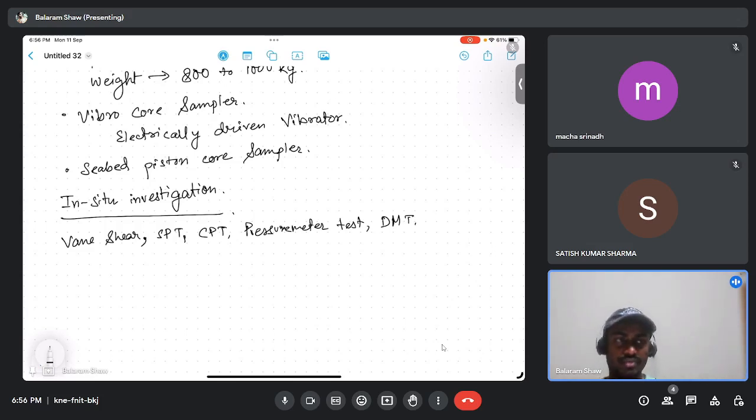The vane shear test is very useful for very soft soils. In the vane shear test, the vane is pushed into the seabed, the torque is applied, and the corresponding rotation required for giving that torque is measured for the strength determination of the material. Mostly very soft soil is tested with the vane shear test.